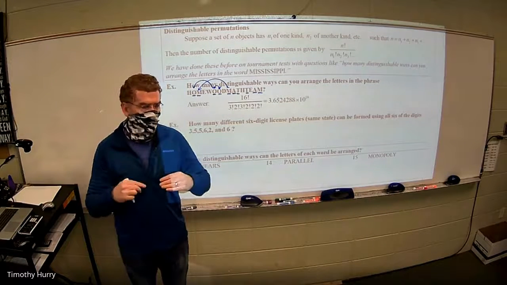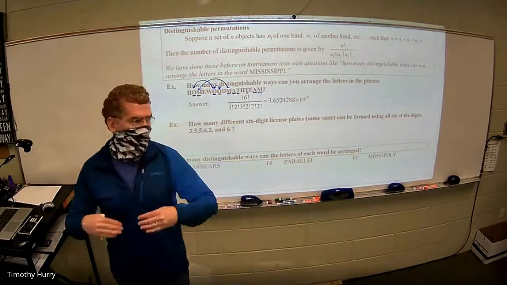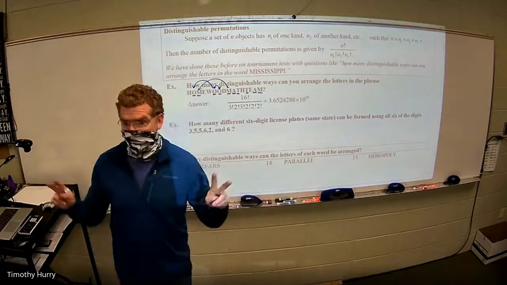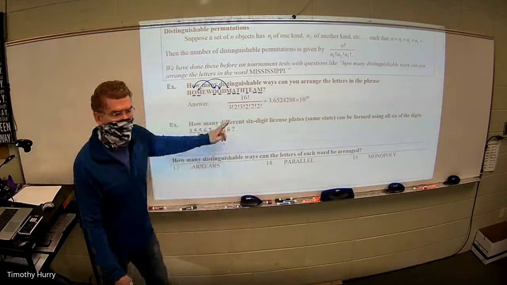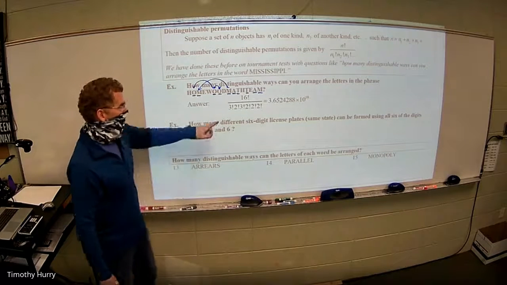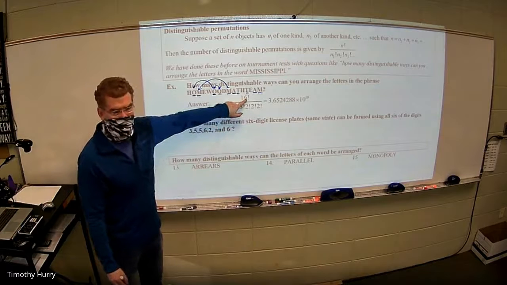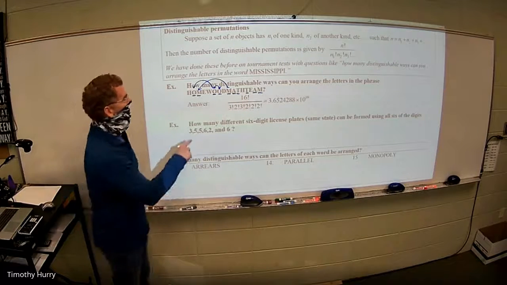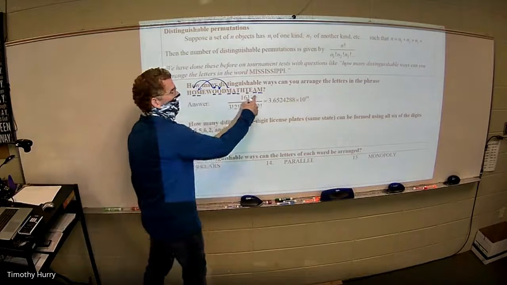So if I ever ask you how many unique arrangements or unique permutations or different words I can get out of this, the order still makes a difference. I can still use a permutation, but I got to go back and account for the multiple letters that match.